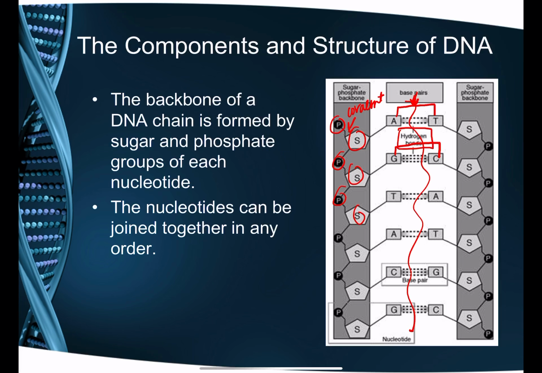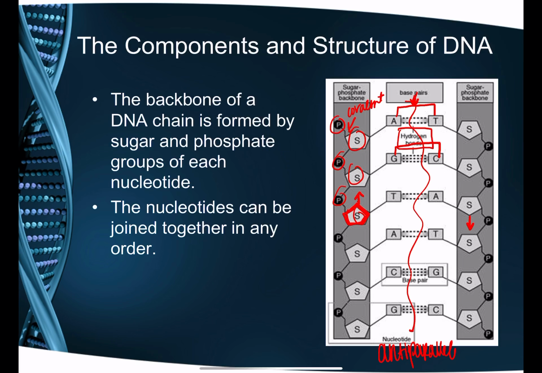One thing you may also notice is that here the 5-carbon sugar's point goes up, but over here the point goes down. This is referred to as the anti-parallel nature of the DNA molecule, how one strand seems to run in the opposite direction of the other strand.